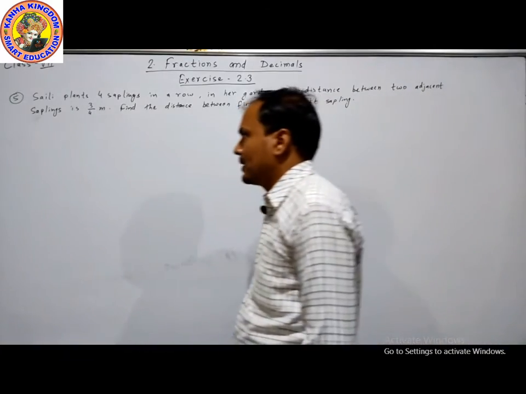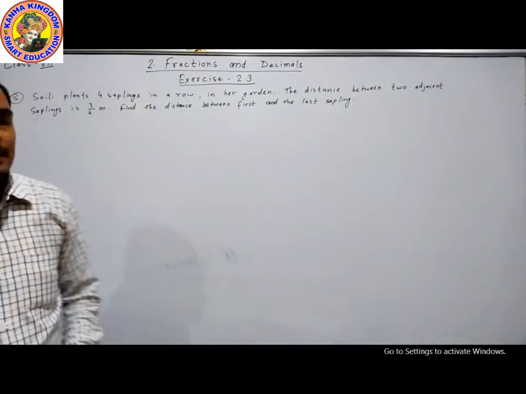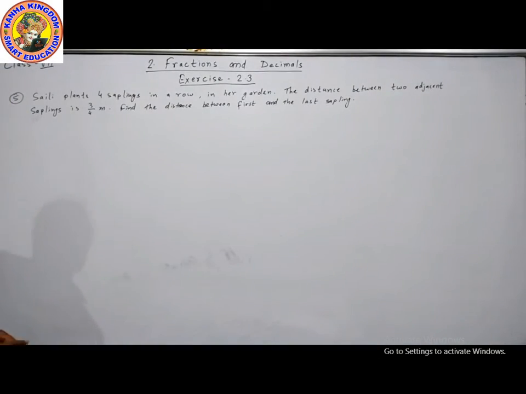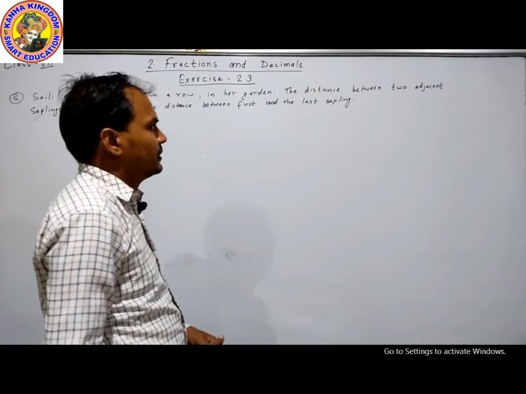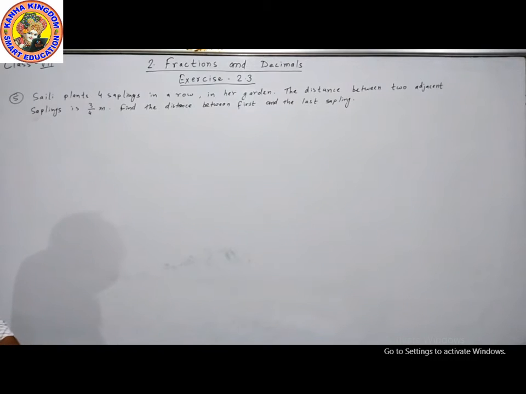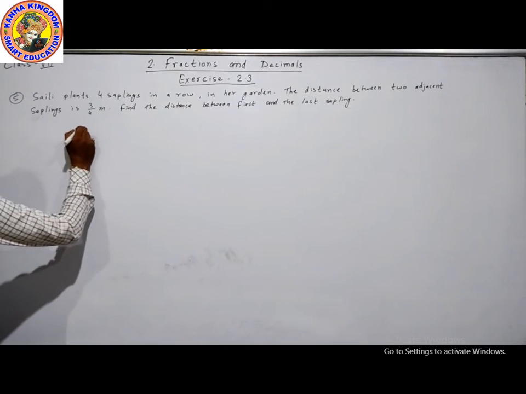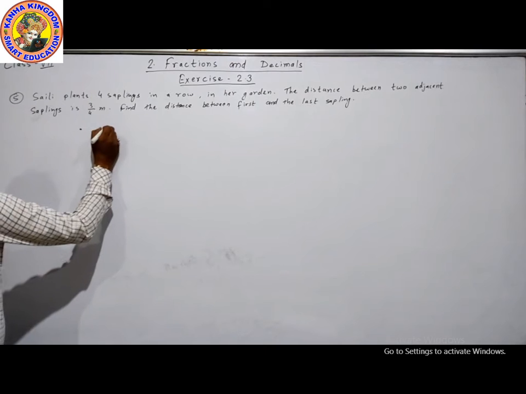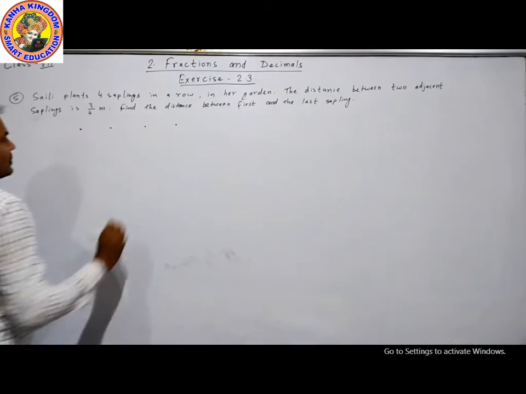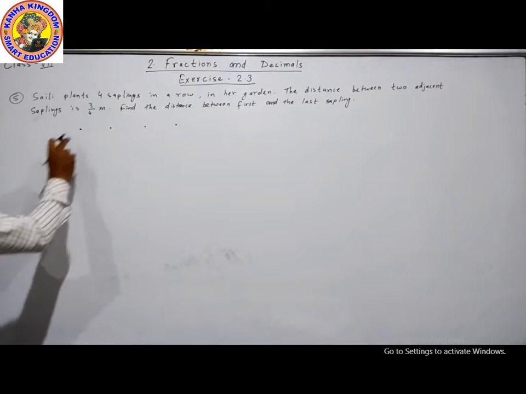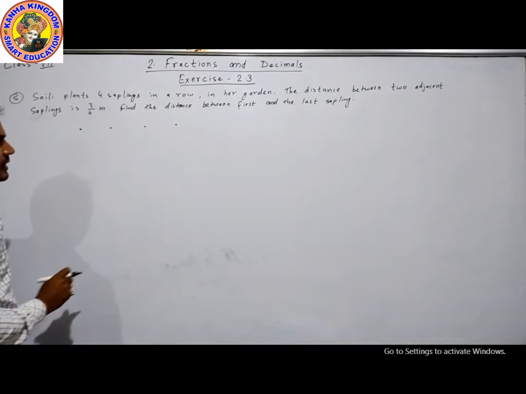So student, our next question is question number 5. Sally plants 4 seedlings in a row in her garden. The distance between two adjacent seedlings is 3 by 4 meter. The question says that Sally plants 4 seedlings, 1, 2, 3, 4, in a row.